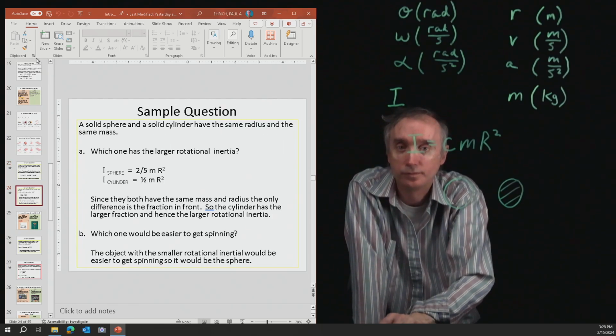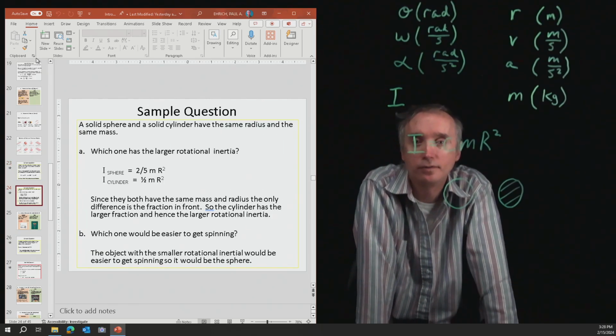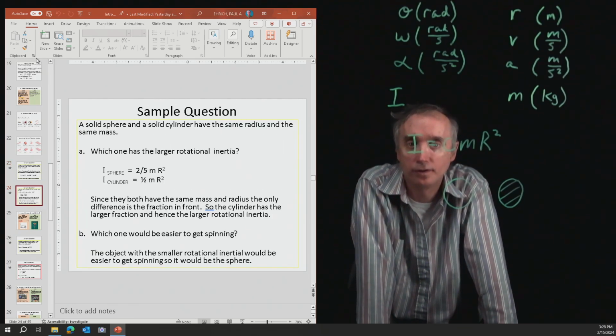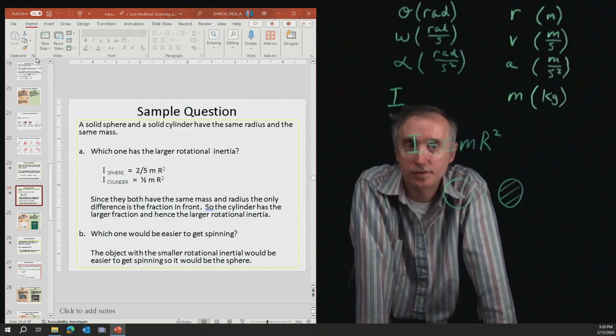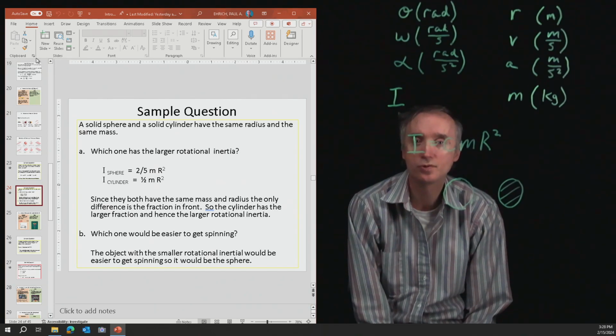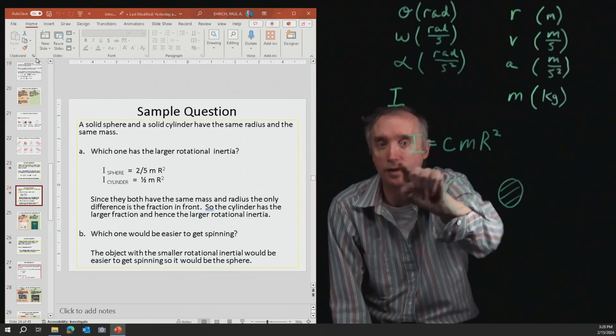Let's try this one. A solid sphere and a solid cylinder have the same radius and the same mass. Okay, part A, which one has the larger rotational inertia? So which one has the larger I?